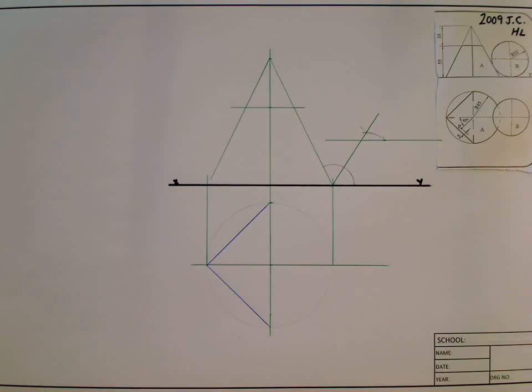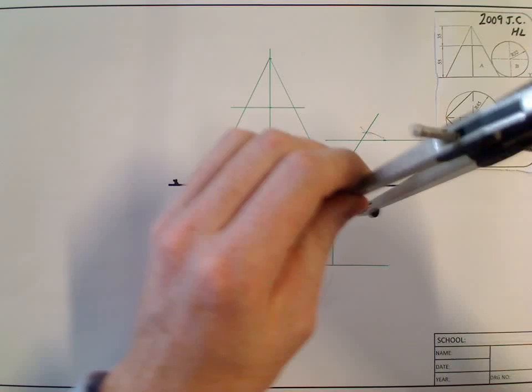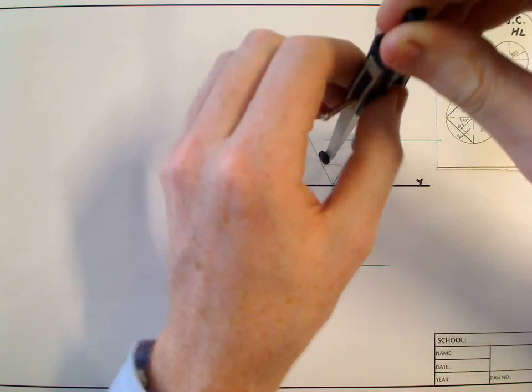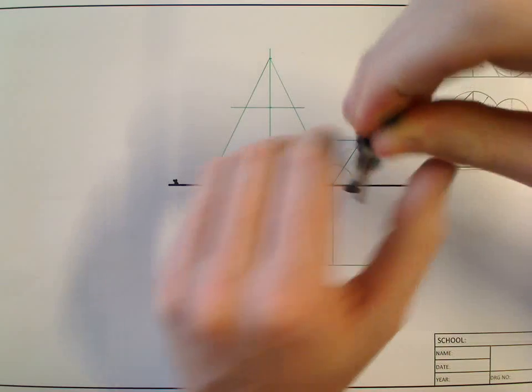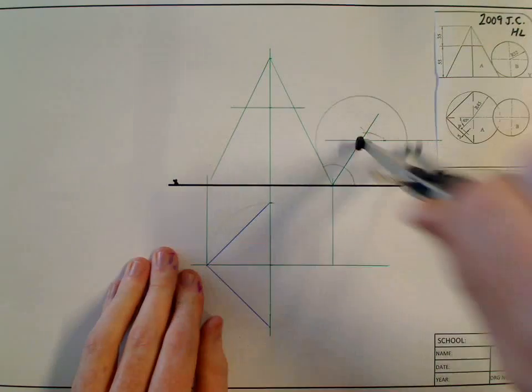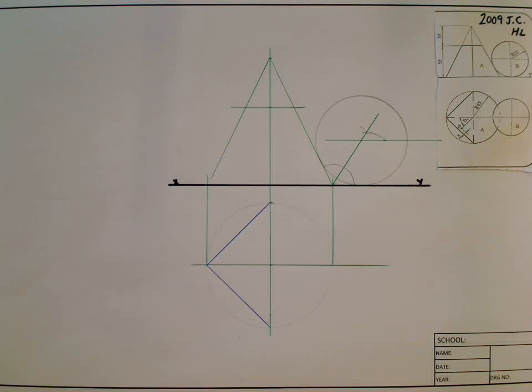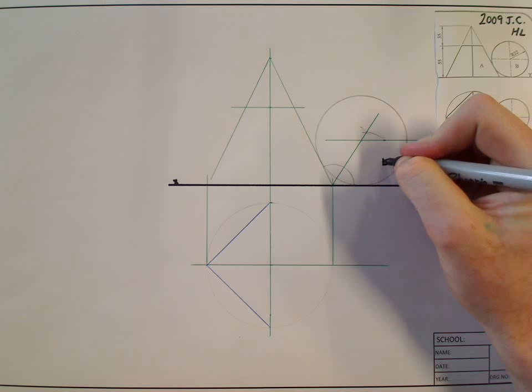I draw my sphere. This is going to be sphere B. And that's it. That'll be in heavy. There's B.